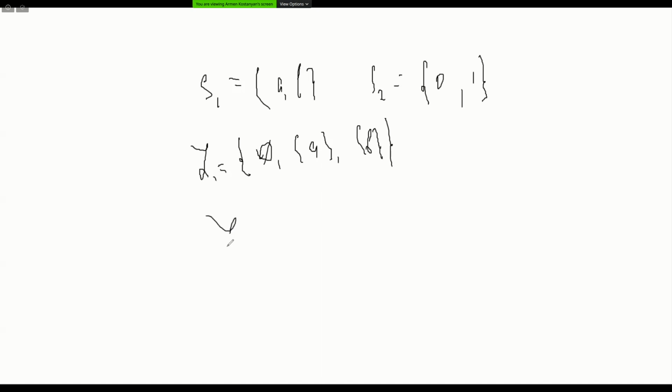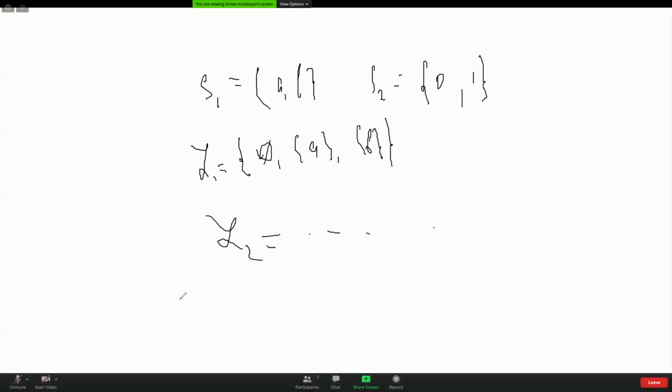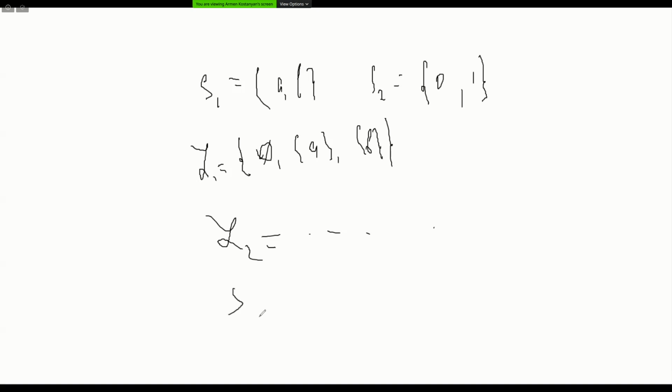In the second case, let's postpone the definition of I2. In our matroid, the ground set is the Cartesian product of S1 and S2. It means that we need to get all possible pairs of elements taken from S1 and S2.